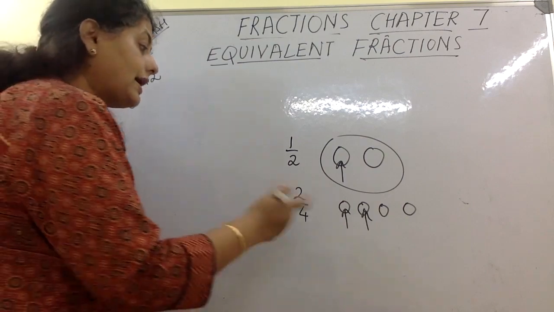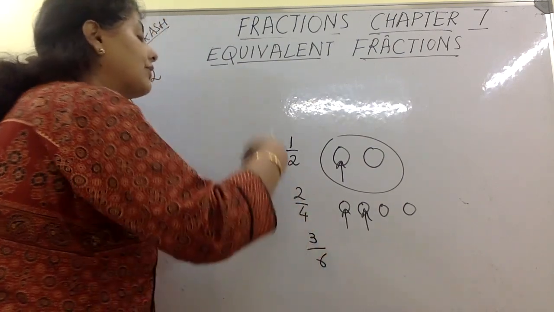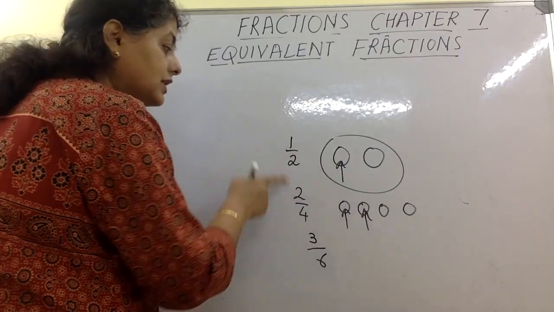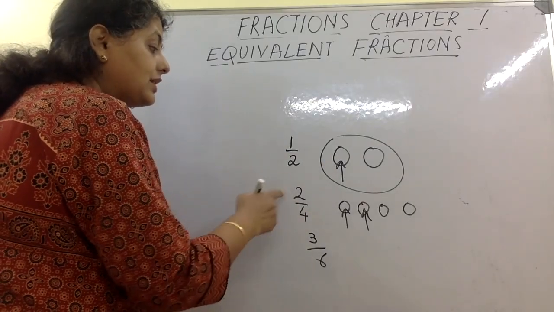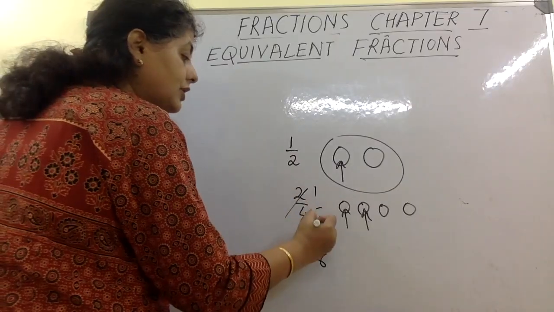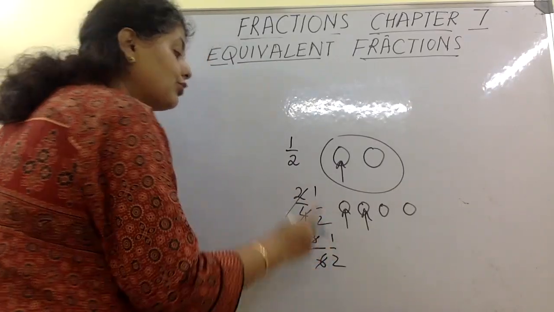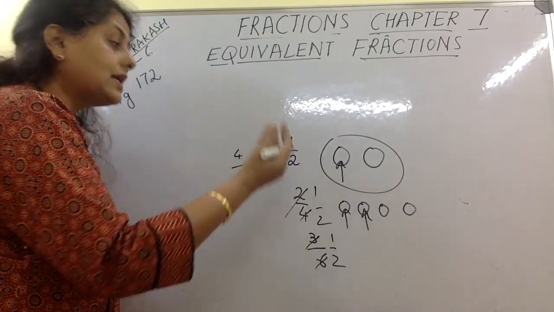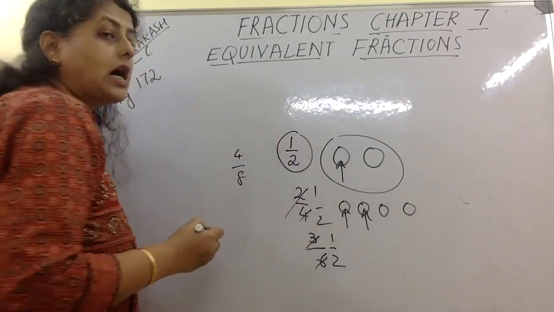I can have 3 out of 6, that will also be the same fraction. So these numbers can be different, but after you cancel, after you reduce, you will see that you get the same fraction. So if it is 4/8, then also it is an equivalent fraction of half.